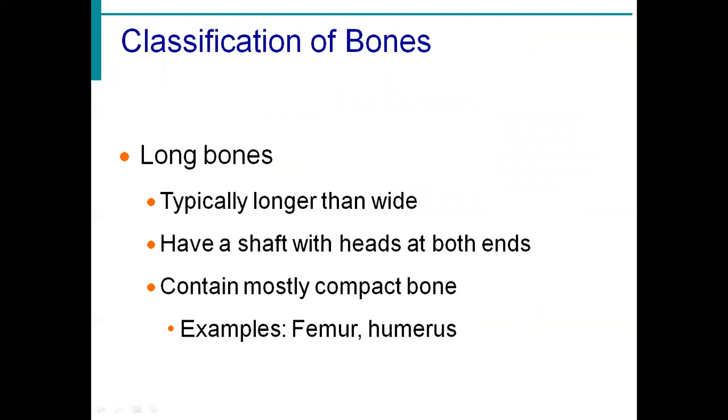Number one, long bones. Long bones are structurally longer than wide. Why? Because long bones are responsible for construction of hands, legs, etc. For structural support, there is an important significance for long bones. There is a shaft with heads at both ends.